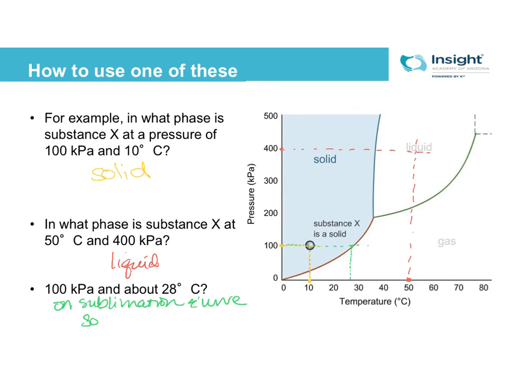We are between solid and gas, because it's sublimation. It's right on the edge between these two, so we're kind of in both when we're along that red line.